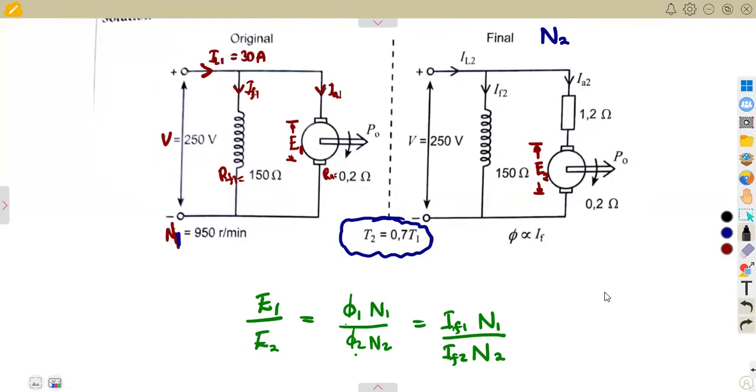Each and every part has a part that you're going to refer back to. Remember that when you were working with your shunt motor, you are considering the voltage over R shunt. But now we're just considering it as RF. So instead, IF1, which is the field current, is equal to the voltage over the shunt field, now referred to as RF1. Just one and the same thing. So the best formula to consider is this to this, not this one, because we do not have the flux at all.